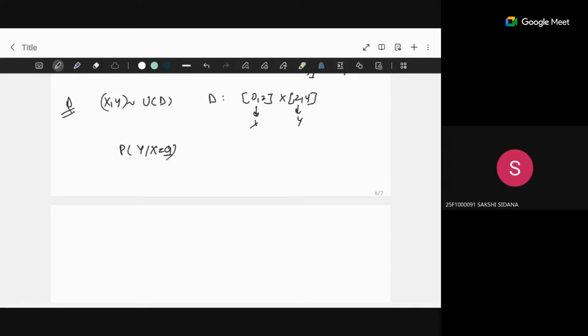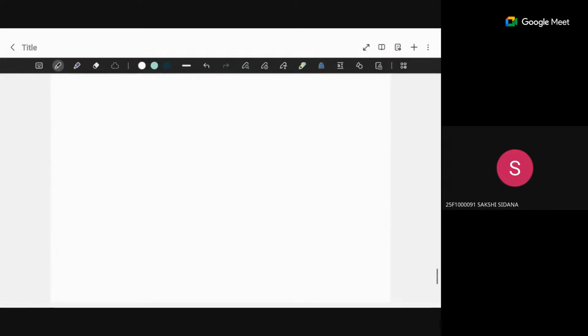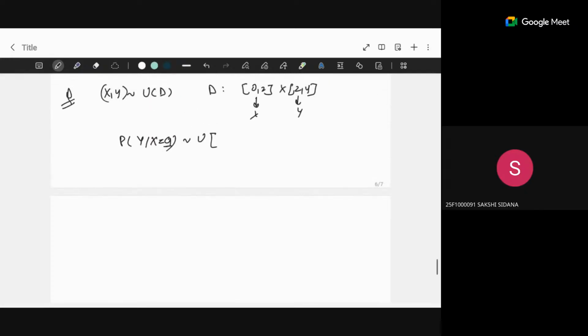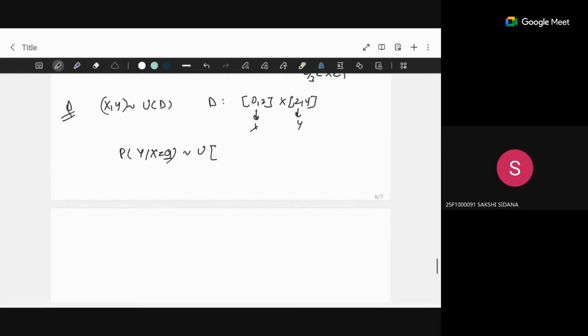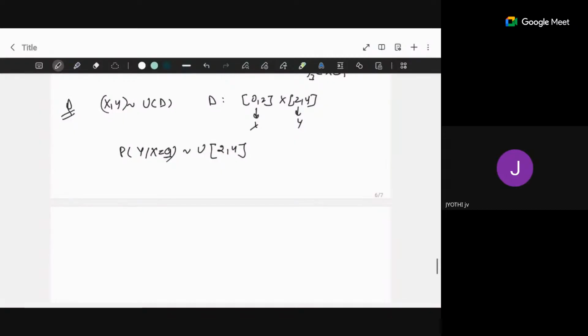It will be uniform, and the limits will be the same as the limits of y, right? So it will be going from 2 to 4 only, because it is y conditional on x equal to a. In this, my a will be going from 0 to 2.